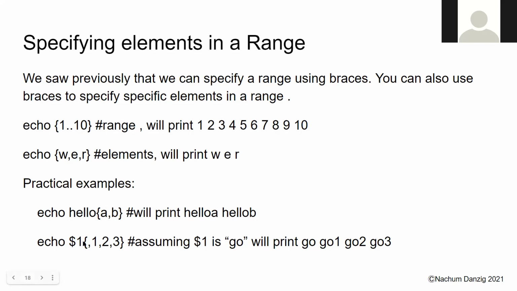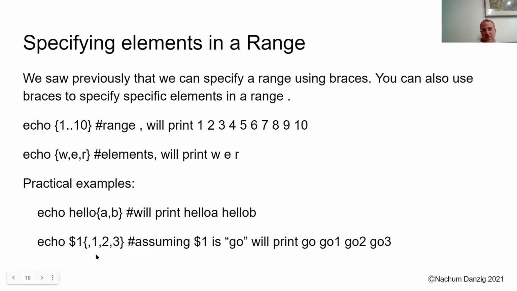Echo $1. What's $1? Anyone remember what $1 would be? It would be the first parameter when I ran the function. So echo $1, which in this case I'm assuming is, let's say, the word go, and then comma 1, 2, 3.